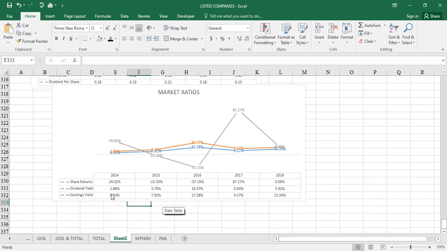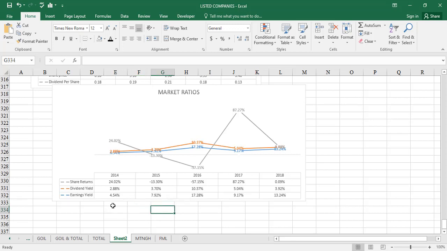So in 2014 we are seeing 2.88%, 3.7% in 2015, 10.37% in 2016, and in 2017 it declined to 5.04%, and in 2018 it has declined further to 9.92%. Well, we have seen that the dividend yield is influenced by the dividend per share and then the price per share. So the more dividend that the company pays, I presume, that will have an effect on it. Then the higher the share price of the company, that will also have a great impact on the company's dividend yield.